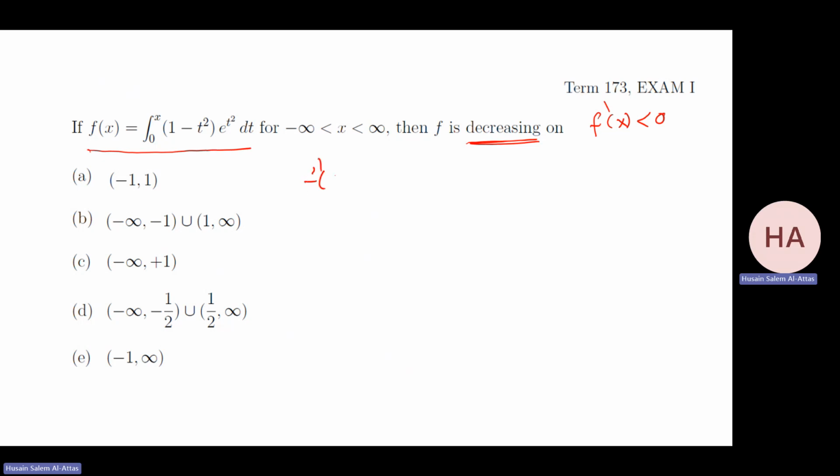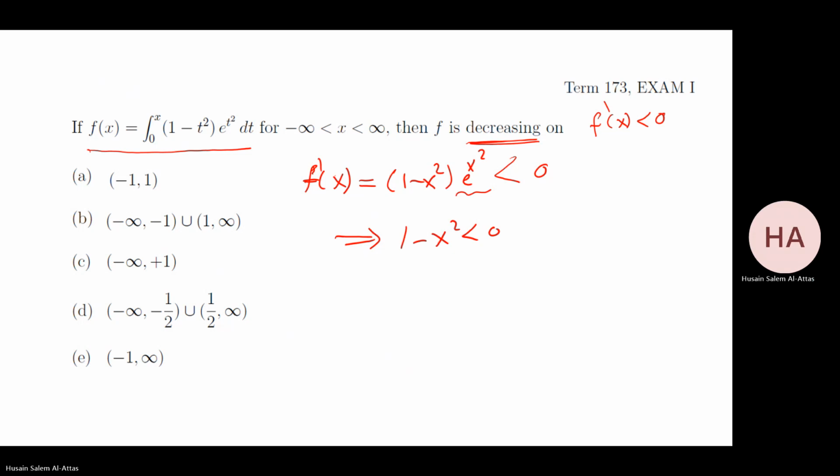So f prime of x will be what? 1 minus x squared times e to the power x squared. I want to check when this is negative. This is always positive. That means I need 1 minus x squared negative, which is 1 minus x times 1 plus x negative. So check the signs. This is minus 1. This is 1.